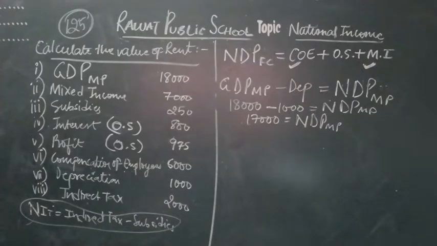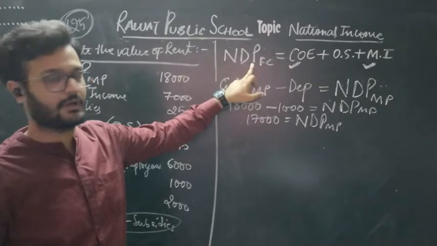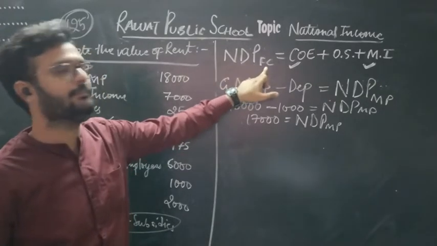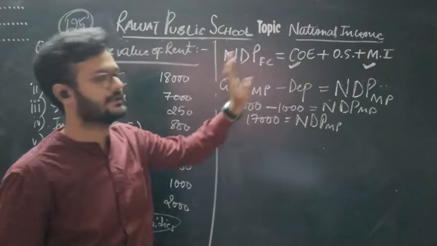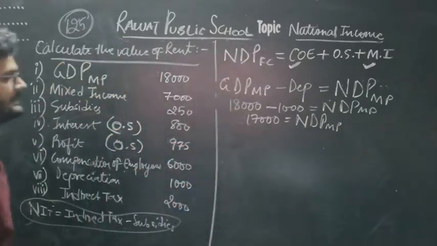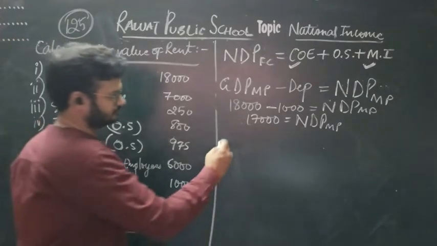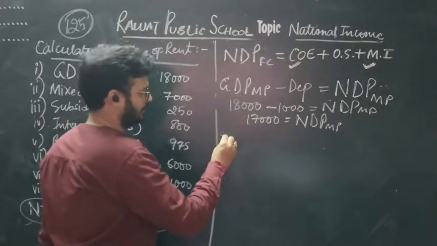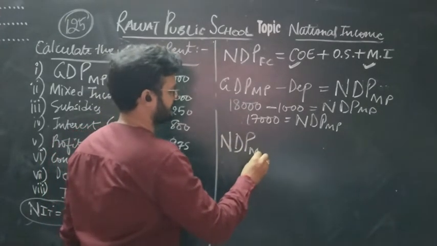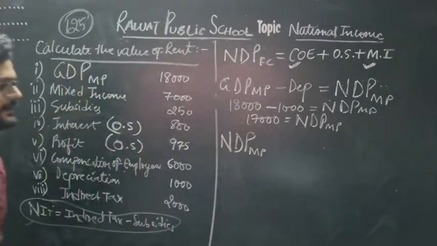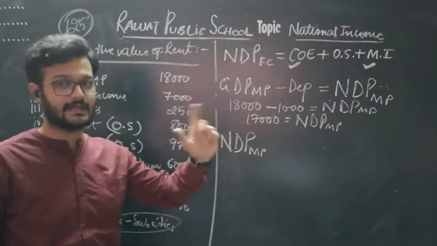Okay, we are getting closer. Now we have to calculate FC. NDP we have calculated; we just have to get FC instead of MP. We don't need MP, we need FC. As you can remember from the chart we discussed in an earlier class, to convert MP into FC we need NIT, net indirect taxes.